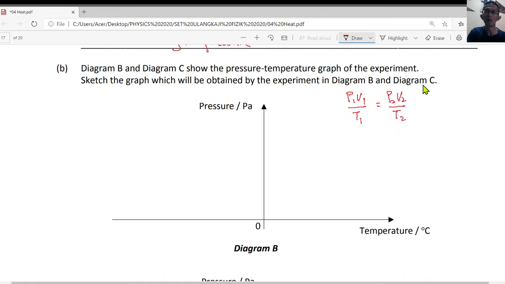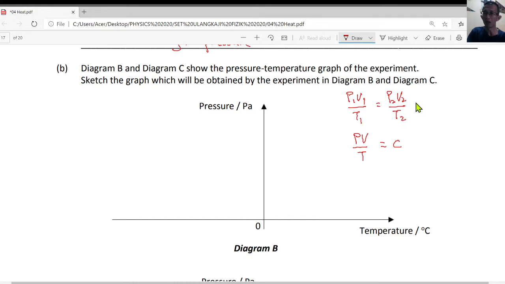From this equation, I can rewrite this as PV over T equals a constant. The value of pressure multiplied by the volume divided by the temperature is a constant.